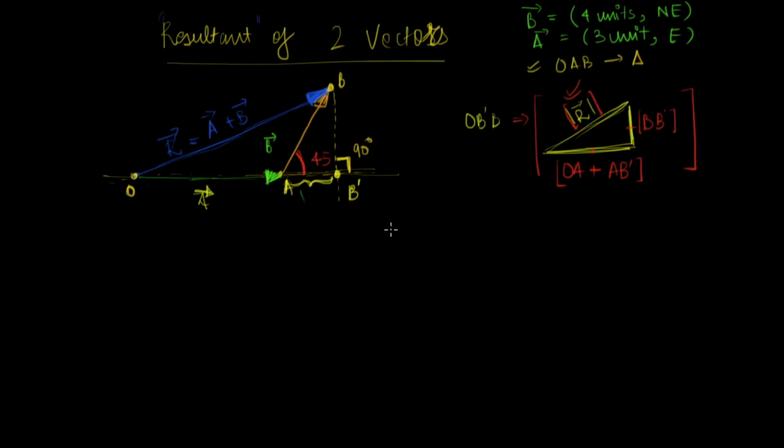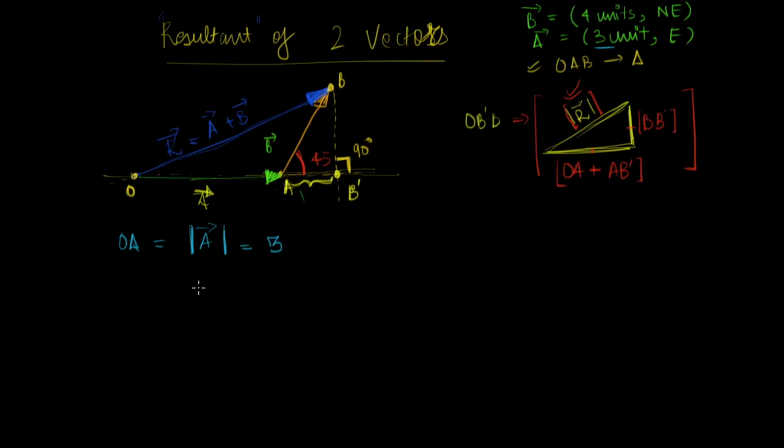The first thing I can do is evaluate AB prime. So OA, which is this distance, the length of the green vector, the length of A vector, is basically A vector's magnitude. And that should be 3, right?